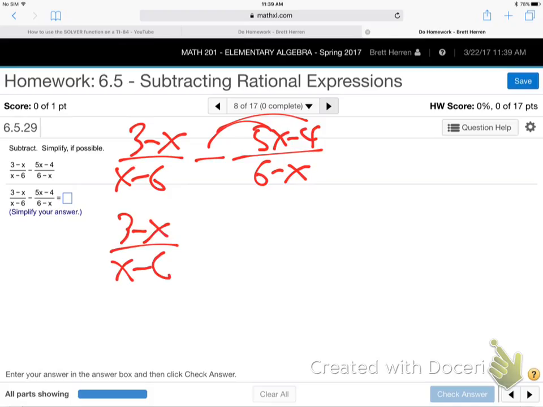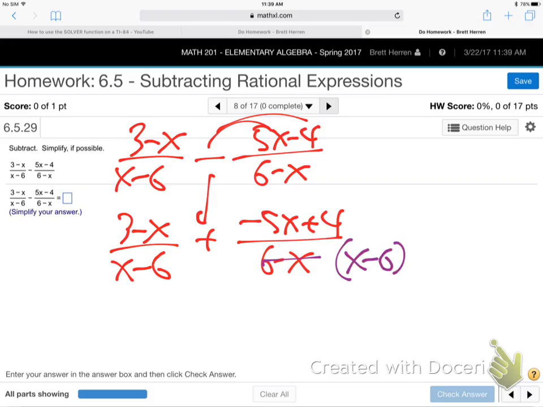And then there'll just be a plus there, and it'll go negative 5x plus 4. Okay, like that. And then you're going to go, okay, I'm going to turn this around to be x minus 6 and a minus in the front. Does that make sense? And then that minus would come up here. Now you got 2 minuses, and then it's going to distribute and change them back. So that's just more work. So I just held off on letting the first one distribute, is what I did. It's just easier that way, just to hold off.